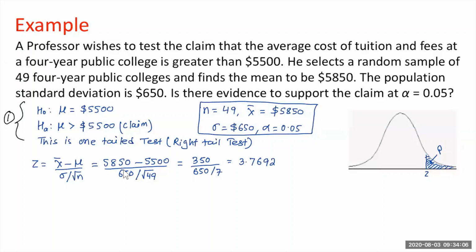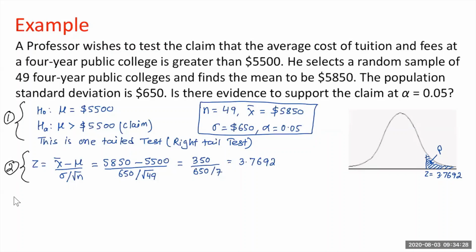So this z value is 3.7692. That is step 2: we were supposed to find the test statistic, and we got that. I'm labeling the steps so it's easy for you to understand.